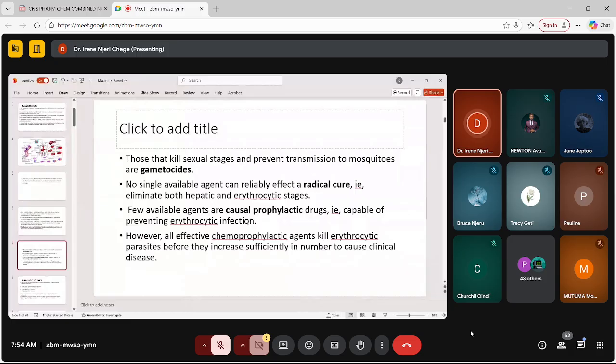The mode of transmission is the female Anopheles mosquito.